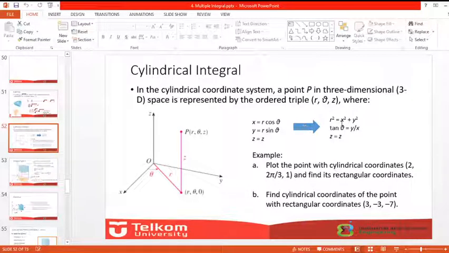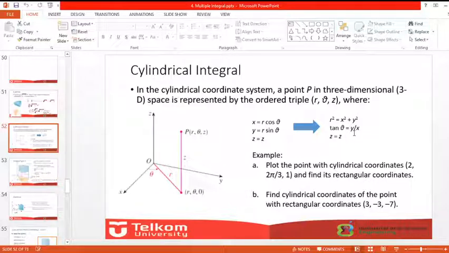To find r, it comes from x square plus y square. Theta comes from tangent theta equals y over x.